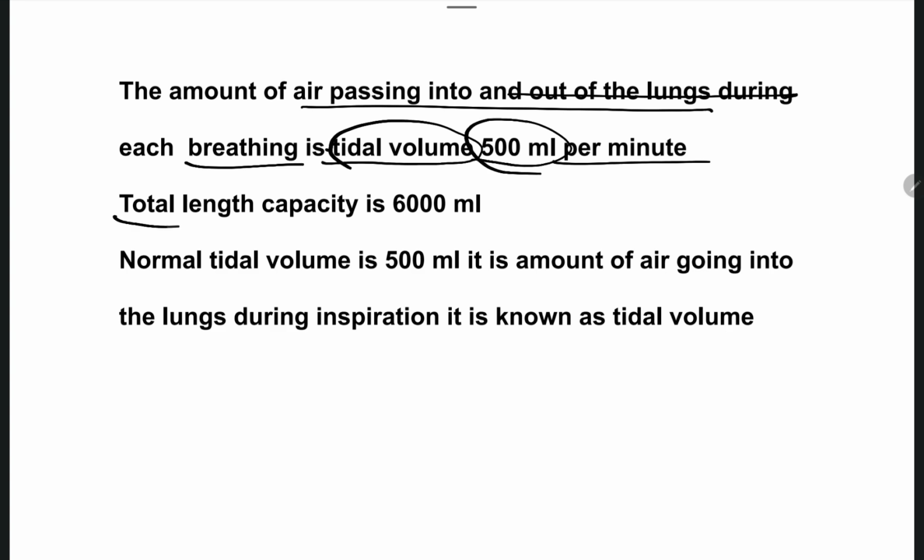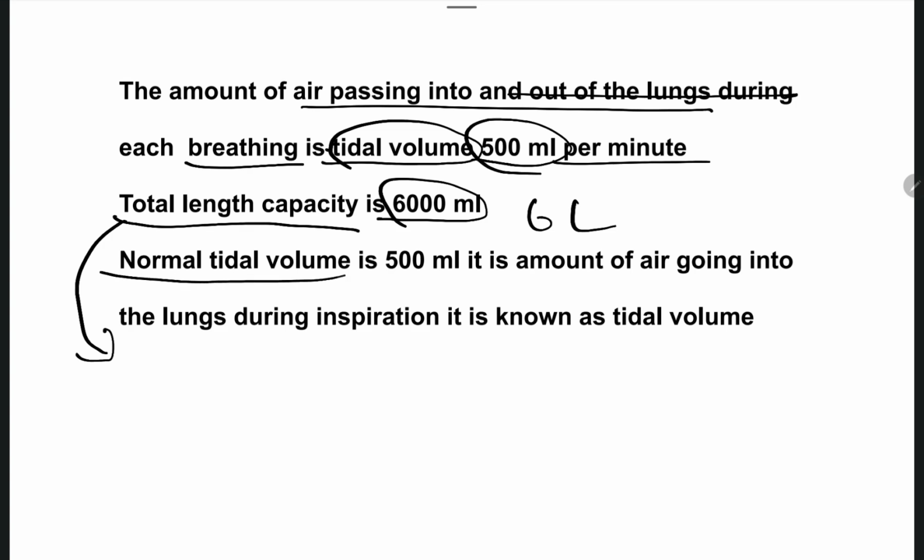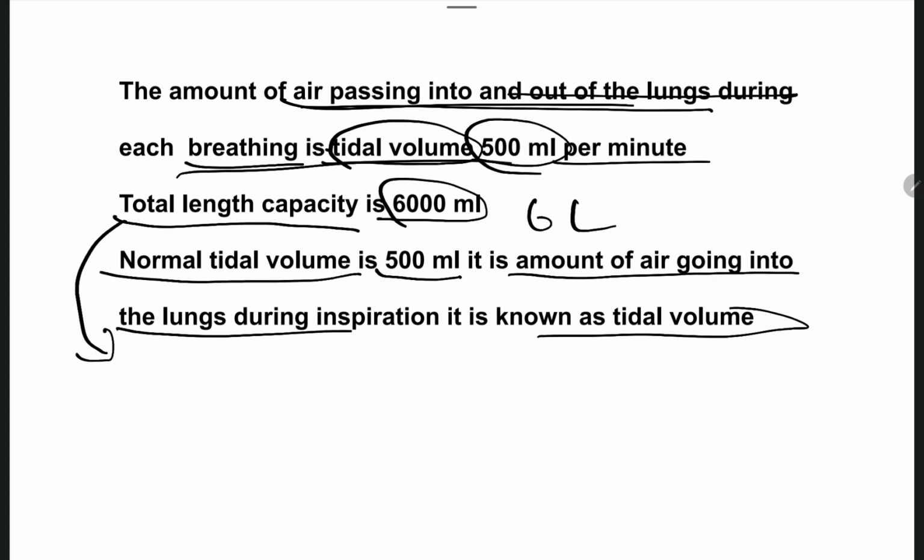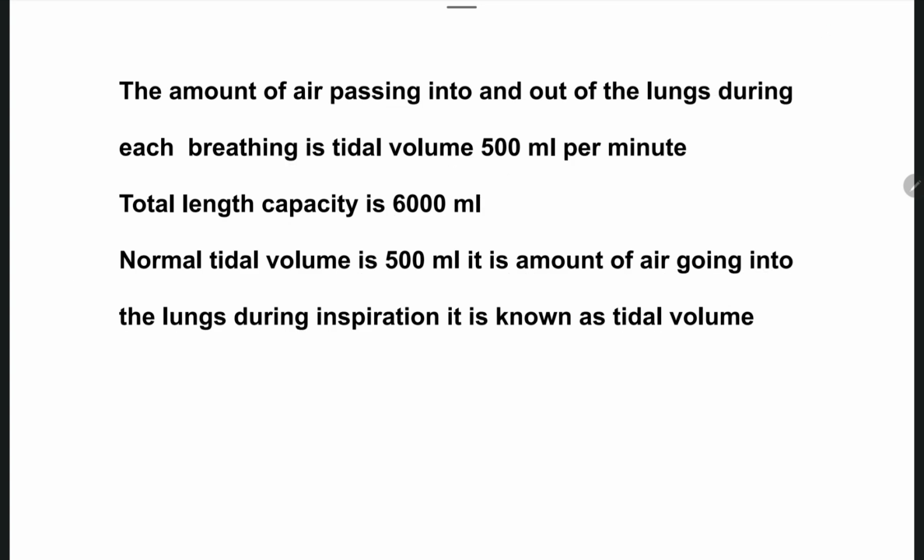And the next one is total lung capacity. Total lung capacity is how much air the lungs can take in, that is about 6000 ml, nothing but 6 liters. And the next one is normal tidal volume is about 500 ml. It is the amount of air going into the lungs during inspiration. Same thing is repeated here.